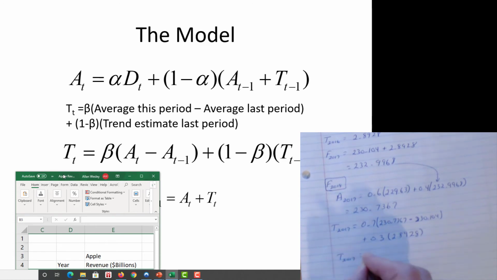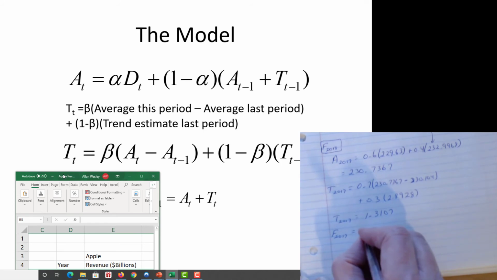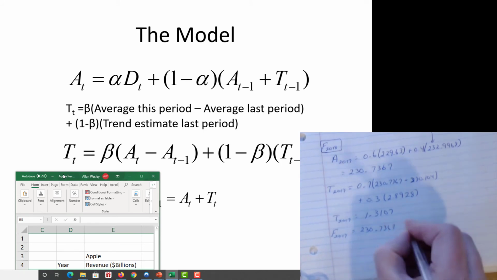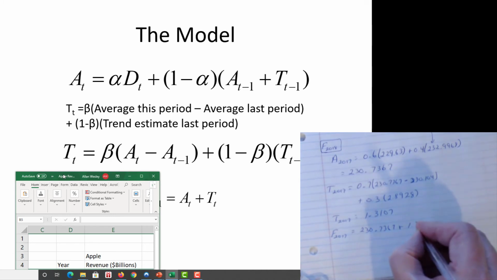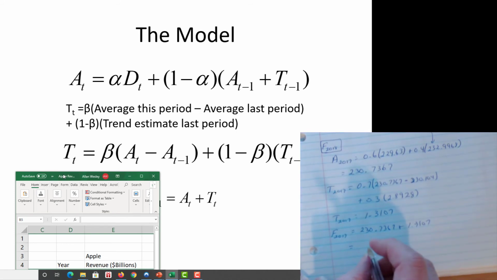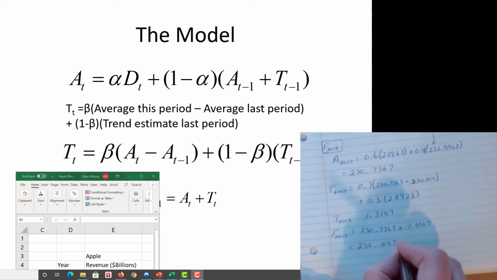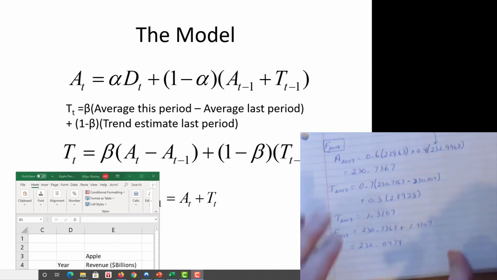The trend for 2017 is revealed to be 1.3107, making the forecast for 2018 equal to 230.7367 plus 1.3107, and the final answer is 232.0474.